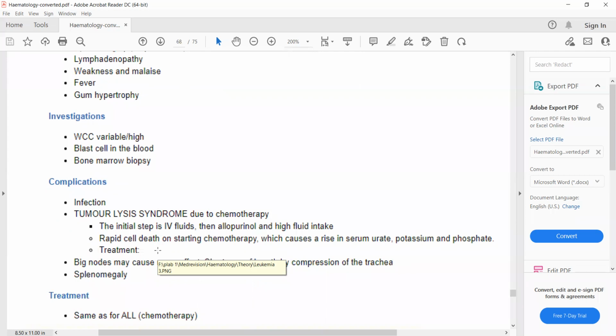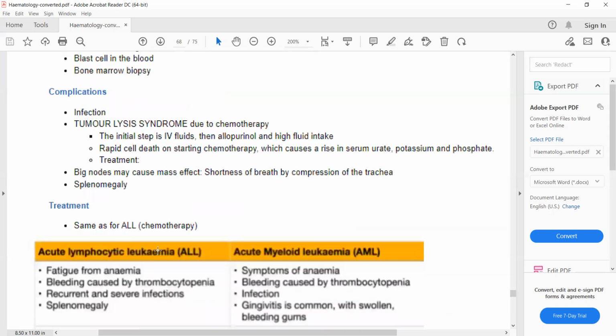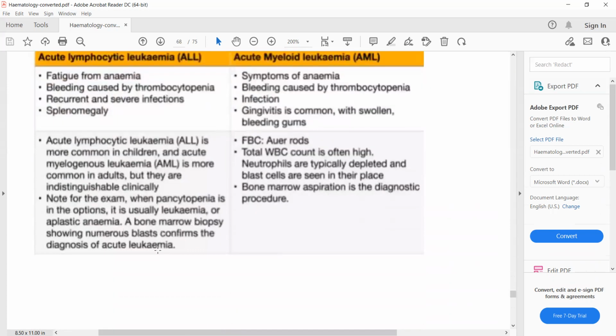We'll discuss tumor lysis syndrome after discussing all the types of blood cancers. Treatment is the same as for ALL. So the presentation and everything, blood findings are even the same in both cases, in ALL and in AML.